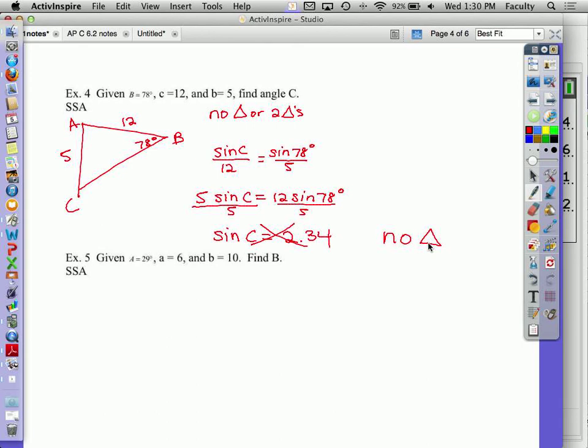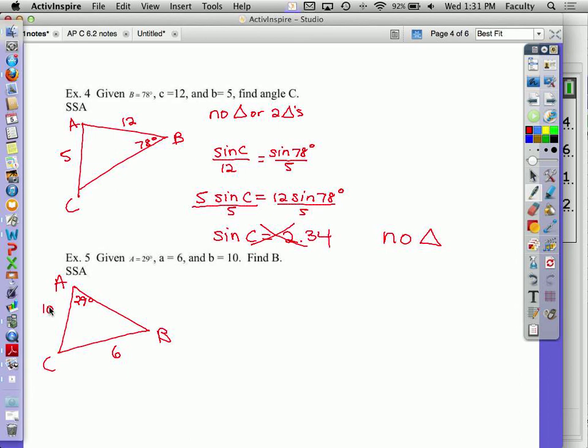All right, so let's do the third one, and this is going to be the one where we end up with 2 triangles. So let's draw our picture. A is 29 degrees, side A is 6, side B is 10. So it's side-side-angle. I strongly recommend you draw a picture and identify what type of triangle you have.